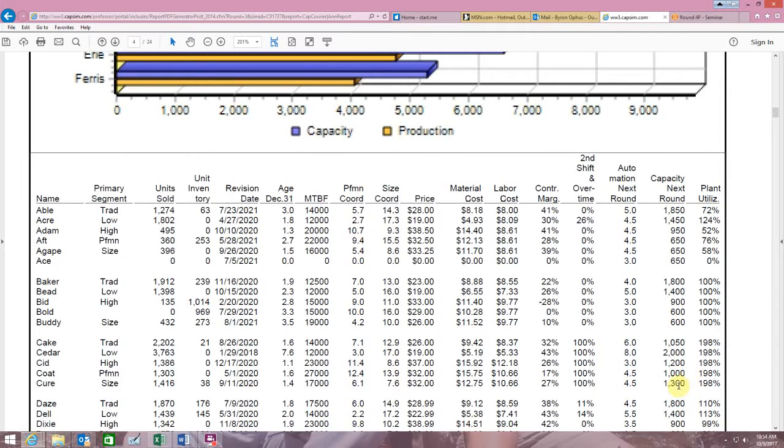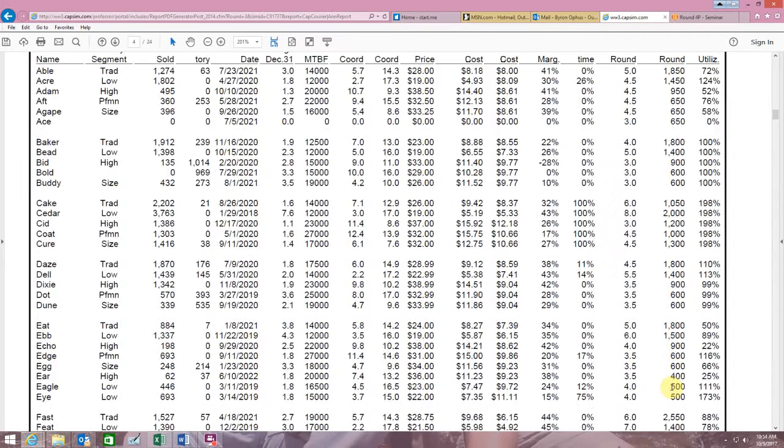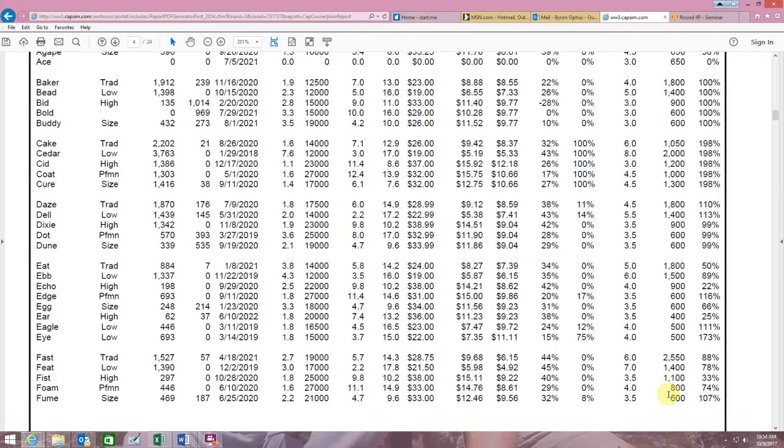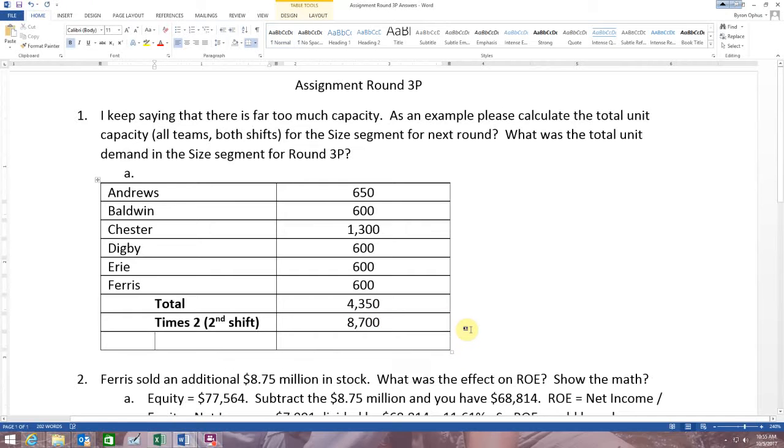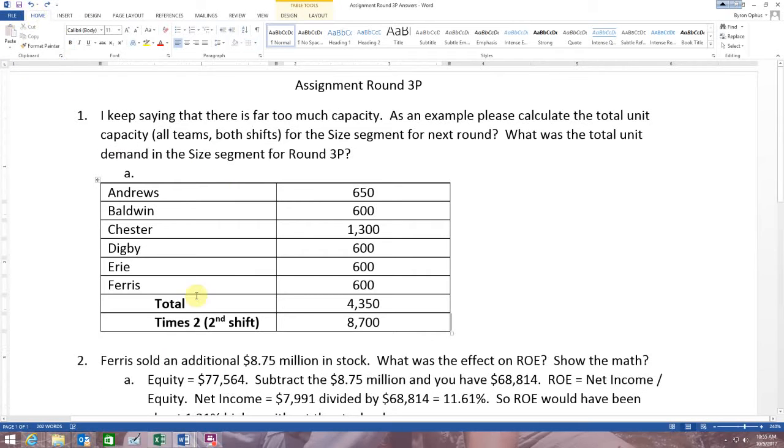My size segment's 1300, 600, 600, and 600. Okay, so my numbers look right. But that's just the first shift. I totaled that up, by the way, and I came up to 4,350. But again, that's just the first shift. That means that we could make a total of 8,700,000 units. And what was the total demand?